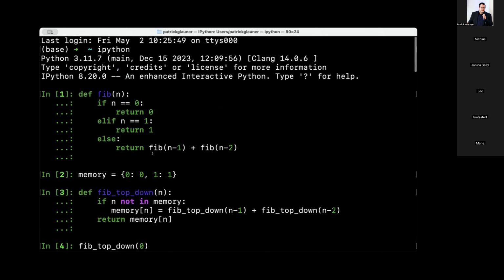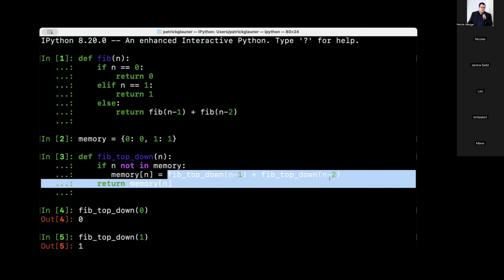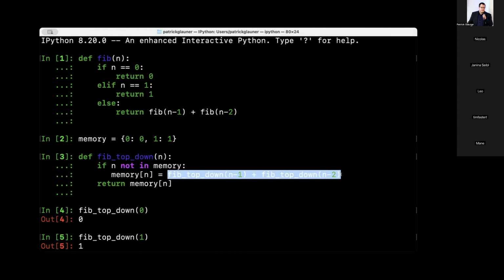But in my top down, I have recursive calls. And I have them here. And eventually, yes, I'm not doing duplicate work anymore, because when I'm calling this recursive call, it may very quickly check in the memory and always return from the memory as quickly as possible. Yet I have recursive calls, and maybe after the recursive call, I quickly have a memory check, but it's still some extra work.